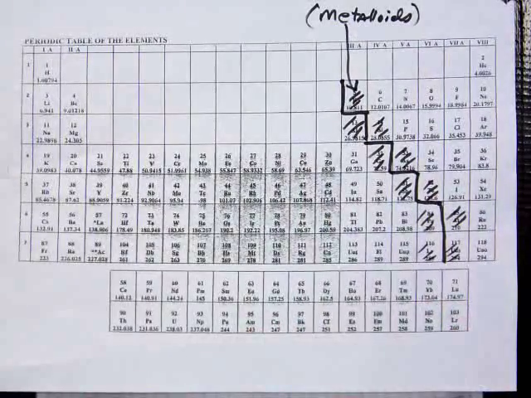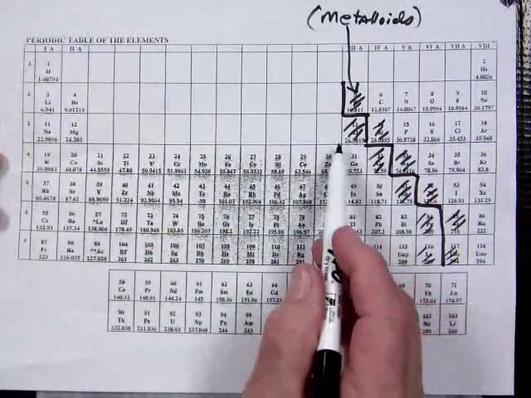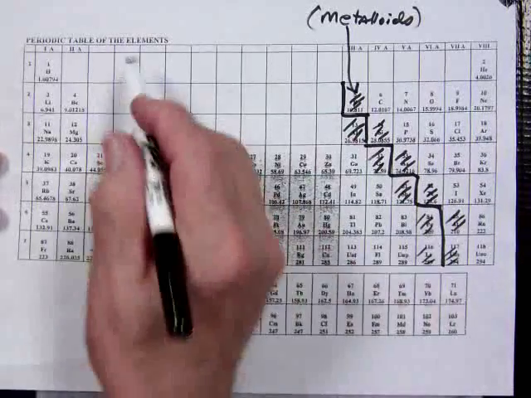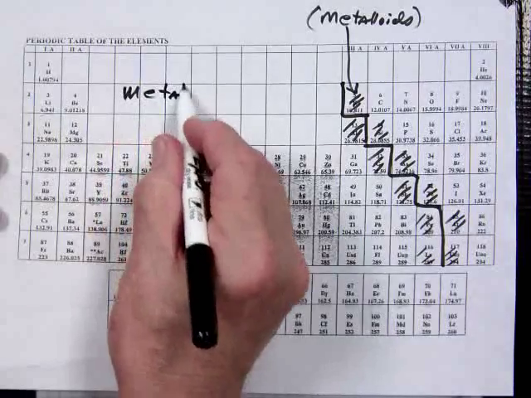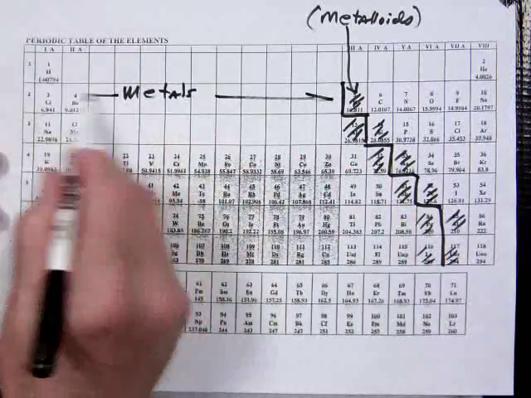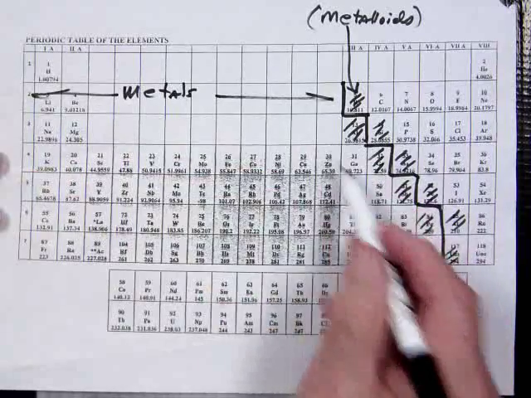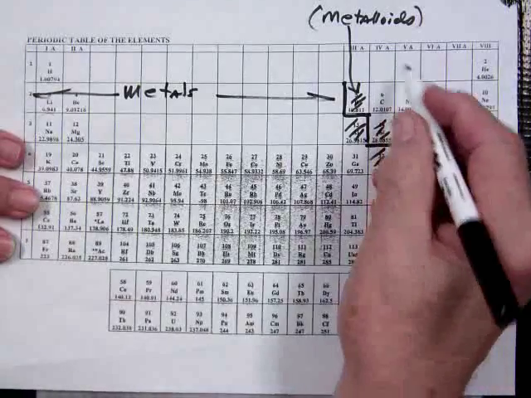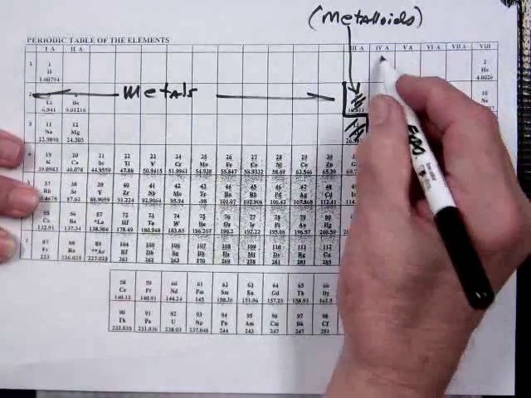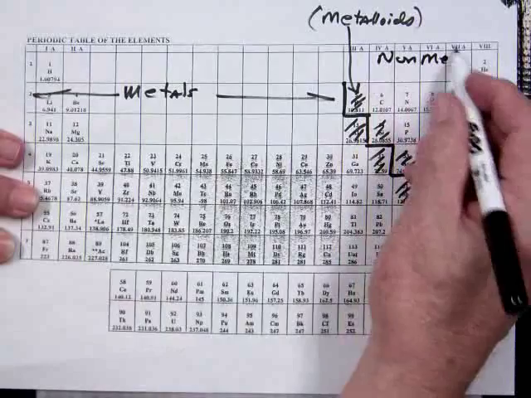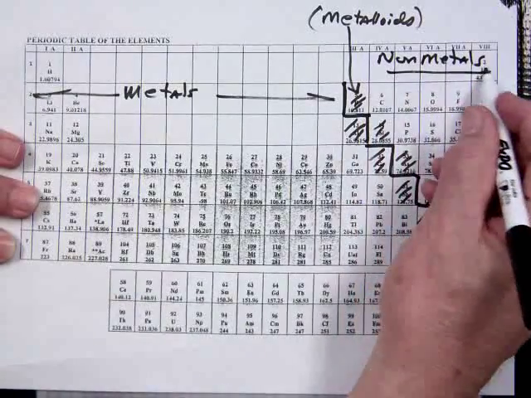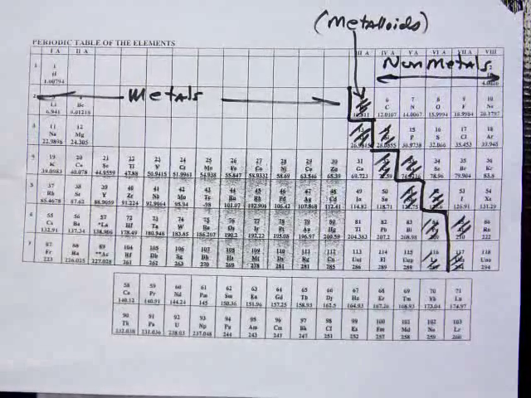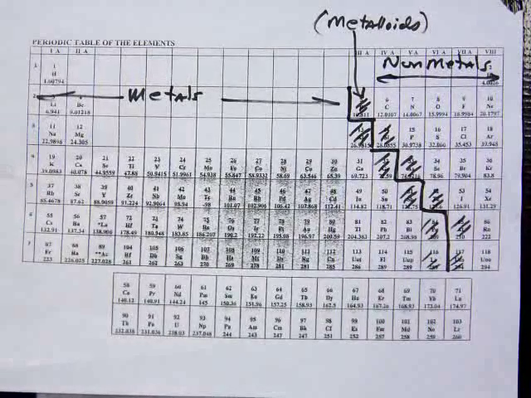And to the left, up to the metalloids, we have the metals. Of course, that includes everything not touching the metalloid collection. And then on the right, not touching the metalloids, we have the nonmetals. And those are characterized based on their properties and classified as nonmetals. Okay?